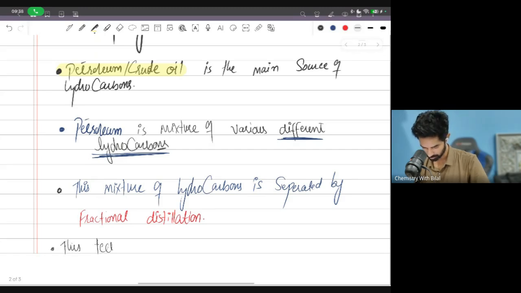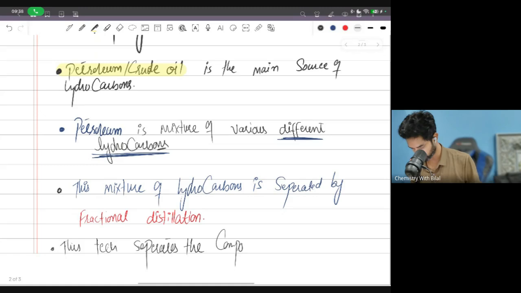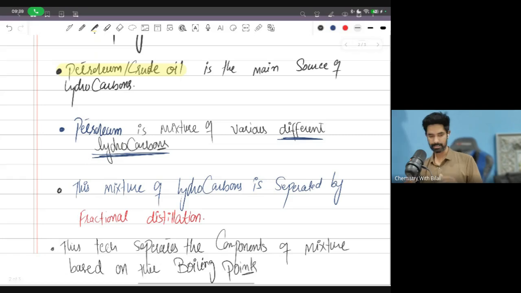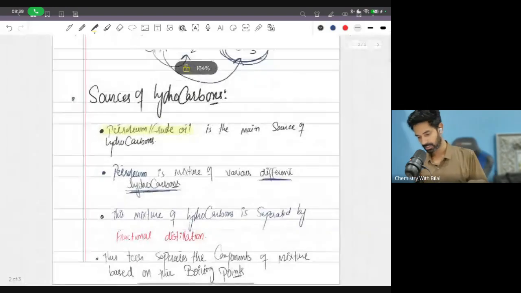This technique separates the components of a mixture based on their boiling points. If we are given a mixture and we start heating, the one with the lowest boiling point will boil first, and it will be collected at the top of that fractionating tower. So please everyone check this.